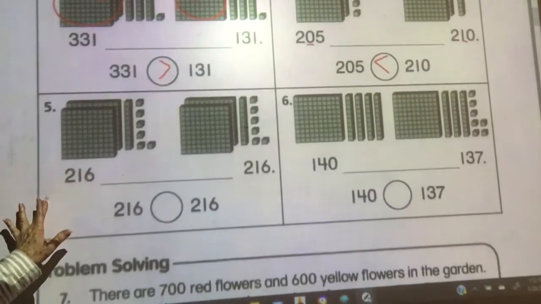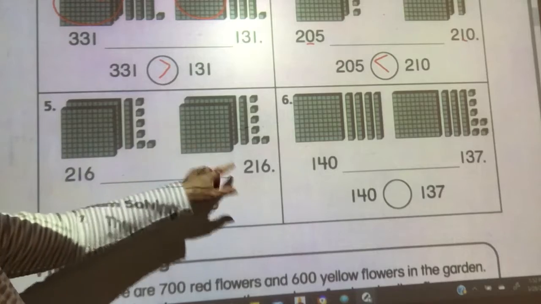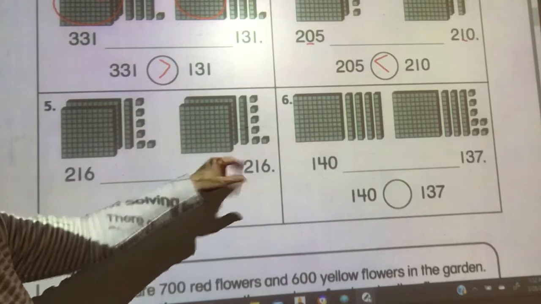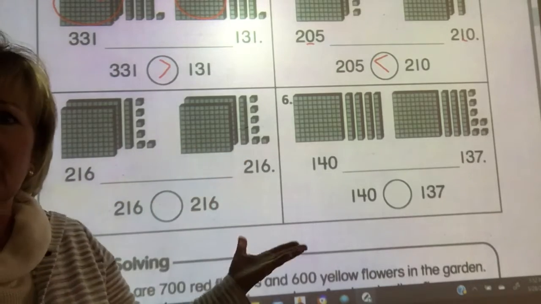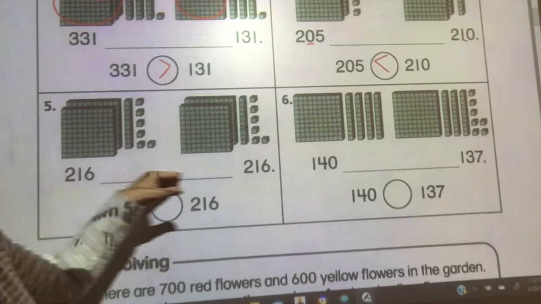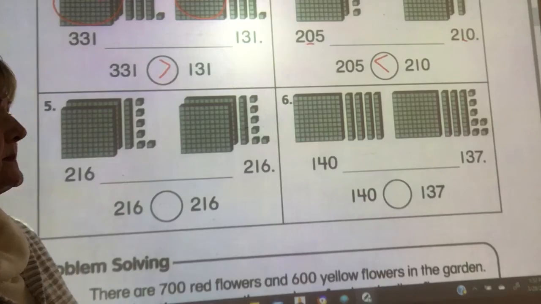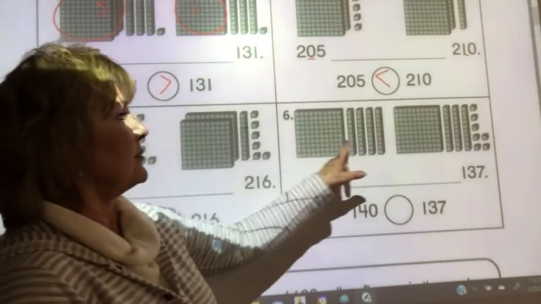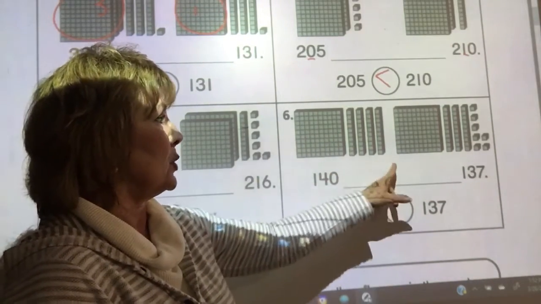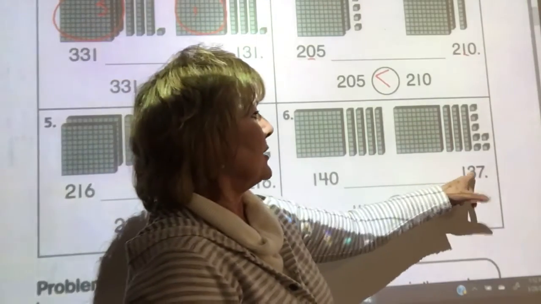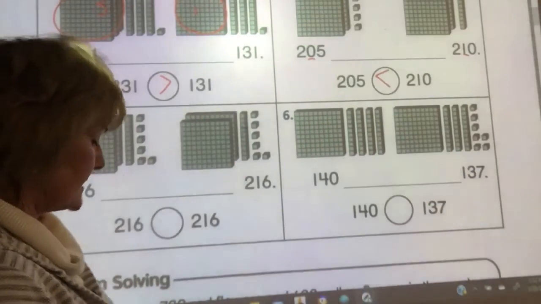All right, the next one, you have 200s, 200s. You have 1 ten, 1 ten. You have 6 ones, 6 ones. Looks the same, is equal to, and your equal sign. Here you have 1 hundred, 4 tens, no ones. Here you have 1 hundred, 3 tens, 7 ones.